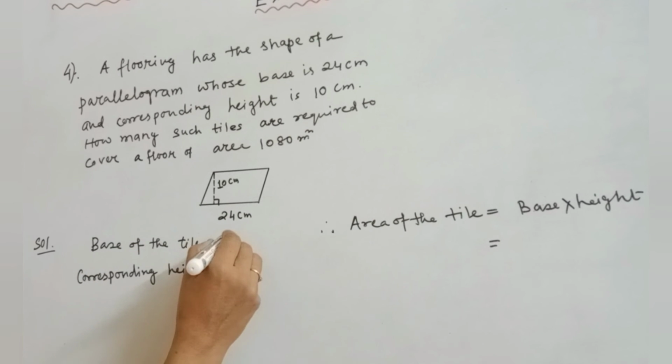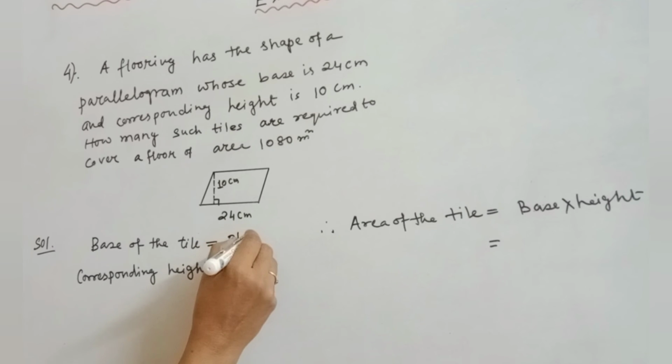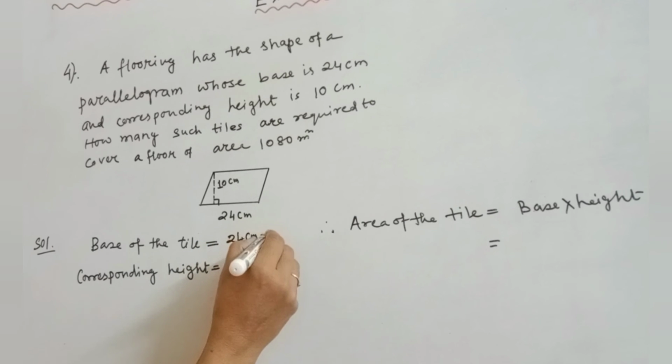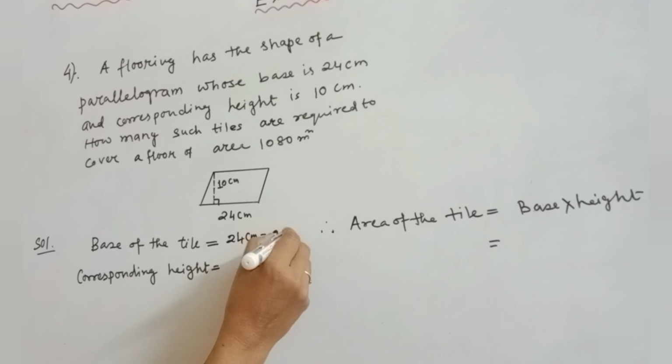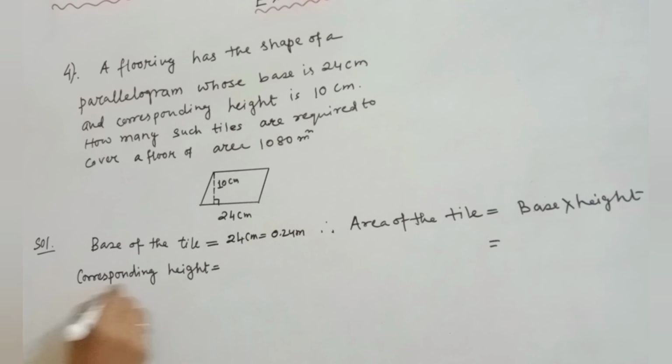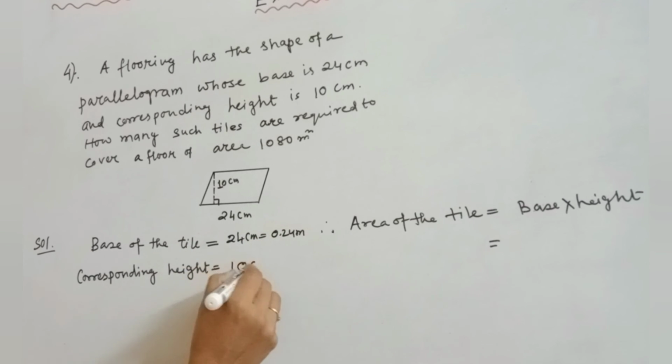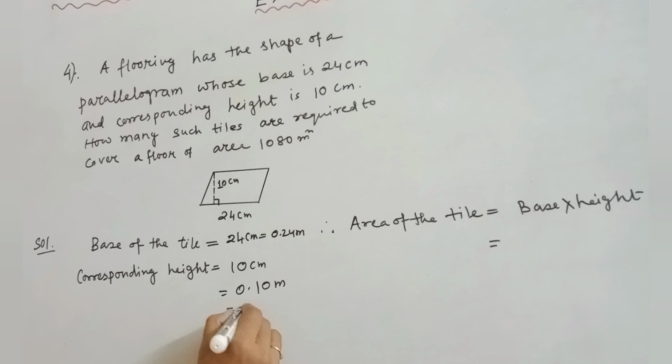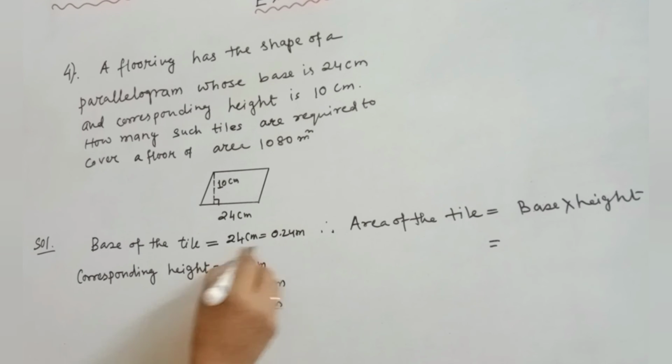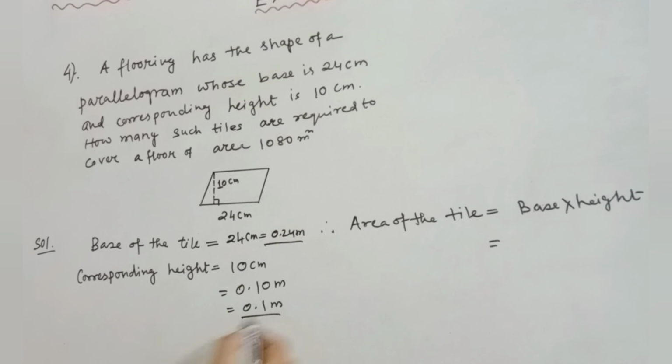Base of the tile is 24 centimeter, or you can convert it into meter, so it will be 0.24 meter. Corresponding height 10 centimeter or 0.1 meter. So base and height, both you can find in meter: it is 0.24 meter and 0.1 meter.